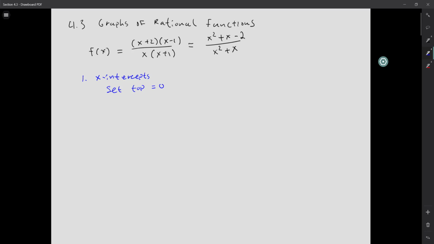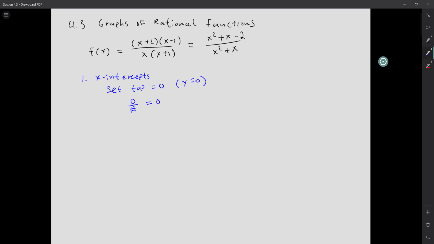Generally, if you want x-intercepts, we want y to be equal to 0. But since we have a fraction, our solution to y equals 0 is when the top is equal to 0, because 0 divided by a number is still going to be 0.